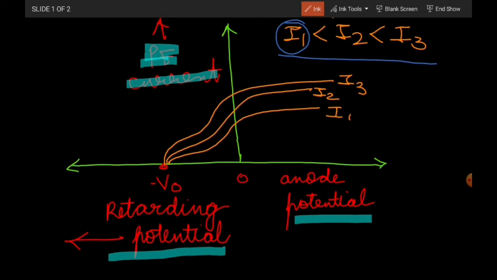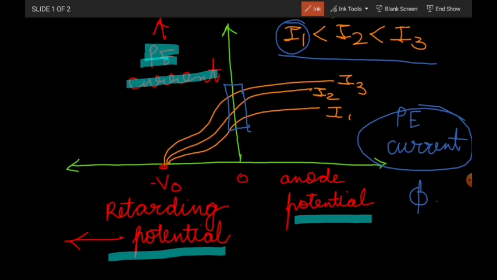Now when we look at this point, we observe that only after a certain point does the photoelectric current start. This is in context of the work function, because only after the work function is achieved can we observe photoelectric current.